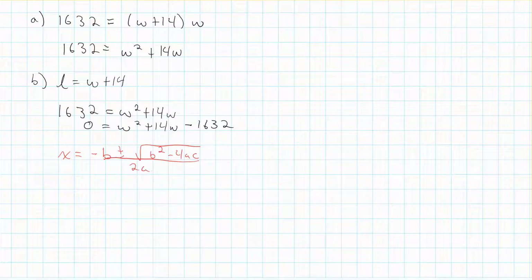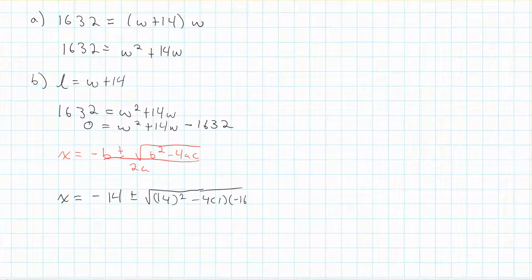Alright, so let's go ahead and substitute things in here. So x would be negative 14 plus or minus the square root of 14 squared minus 4 times 1, that's what a is, times negative 632, and this is all over 2 times 1.